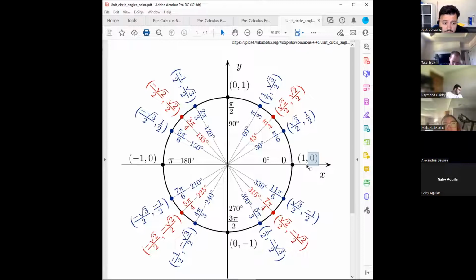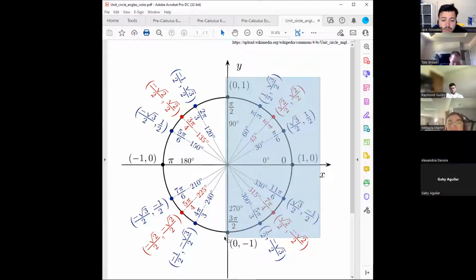You also have to remember where sine inverse is defined, and I told you in the definition, the first couple of lines, the range is going to be within negative pi over 2 to pi over 2. So negative pi over 2 is down here. So it's actually only this half of the circle. So it goes counterclockwise to pi over 2, and then clockwise to negative pi over 2.